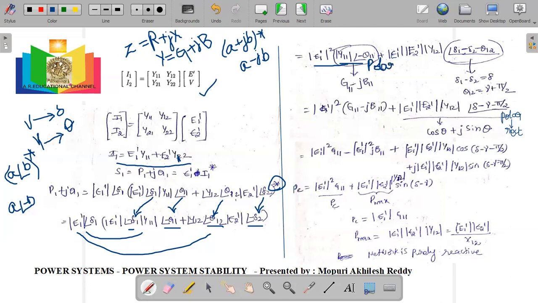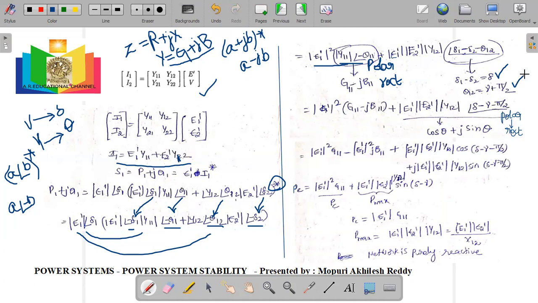When I am converting this polar form into rectangular form, since we had admittance here, as I said, the admittance can be written like this. So Y11 real part is G11 and imaginary part is B11. Since there is a negative sign in front of theta, this minus will come. This is actually rectangular form. Now, if you see, I am considering this delta 1 minus delta 2 as delta, and theta 12 is equal to gamma plus pi by 2.